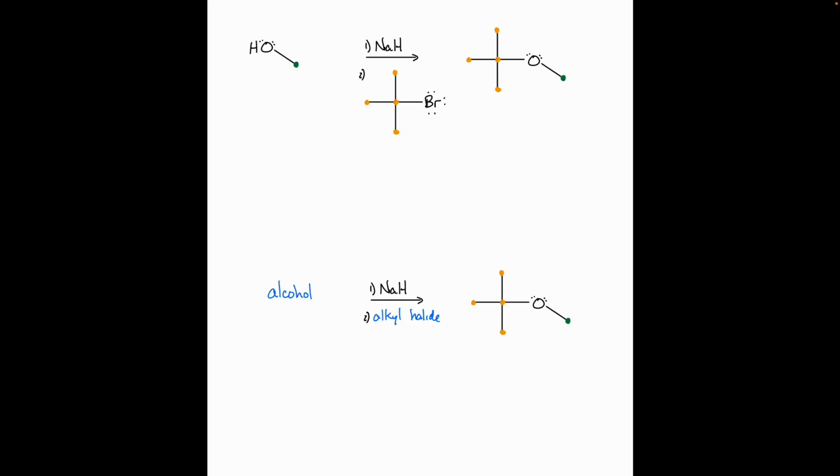And on my other one, I'm going to do the reverse. I'm going to instead make the orange fragment my alcohol, and I'm going to make the green fragment my alkyl halide.